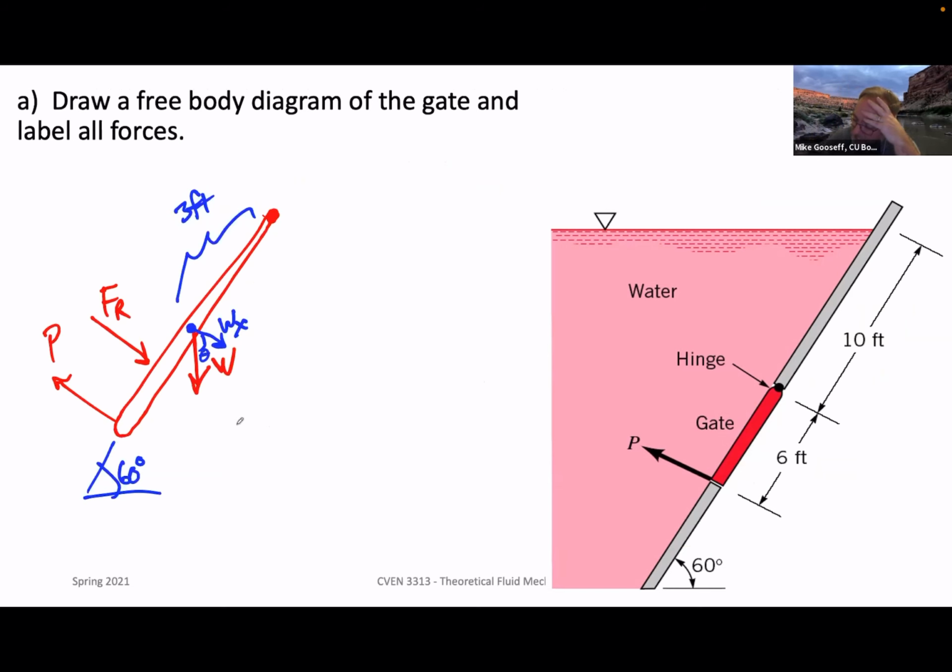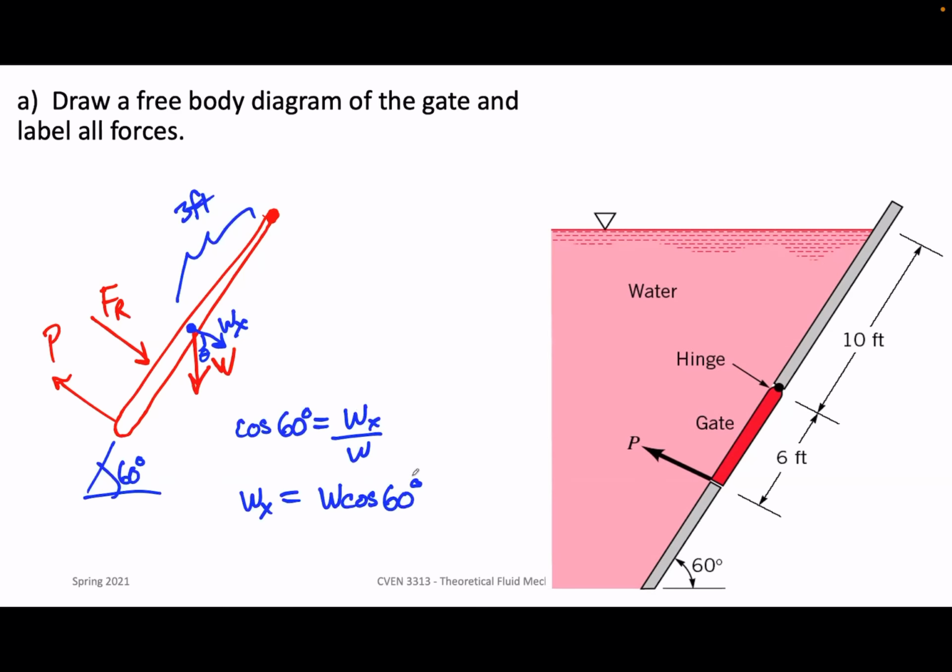And so the cosine of 60 is equal to WX over W. We know W, so WX is equal to W times the cosine of 60. So that's correct, Emma. Okay, thank you. You bet. That's a different Emma. We have a lot of Emmas in class. All right.